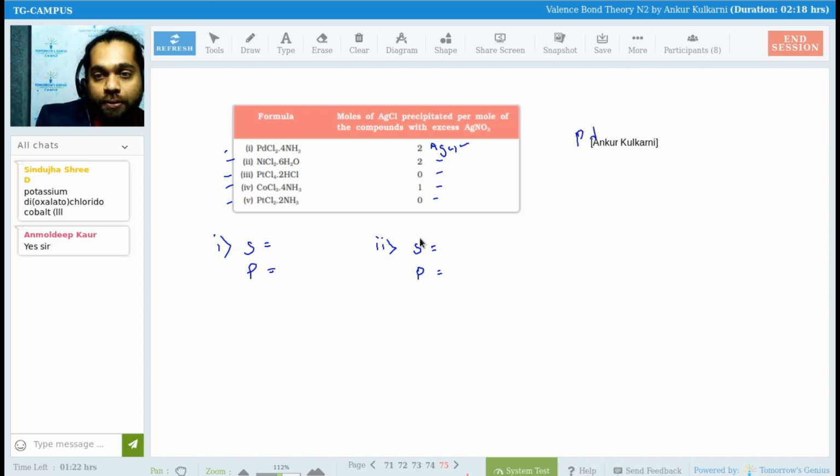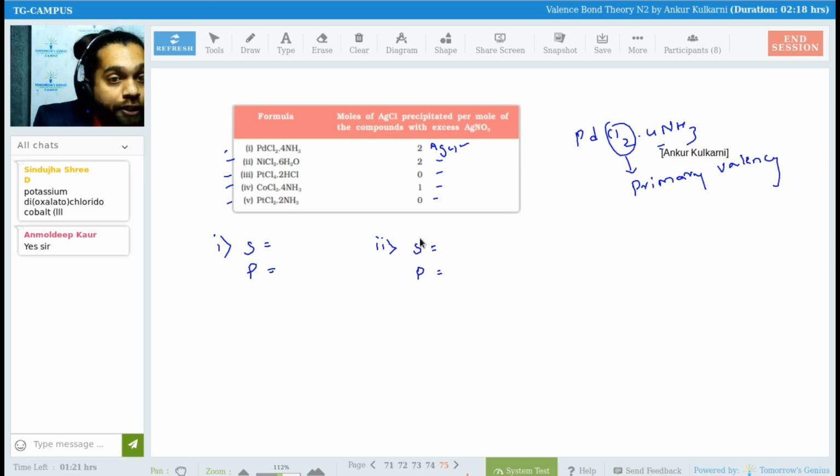You have PdCl2 with ammonia. In the first case, 2 Cl are going, so that is your primary valency. That is not fixed, that is not attached. But these 4 ammonia are remaining, so that is attached.